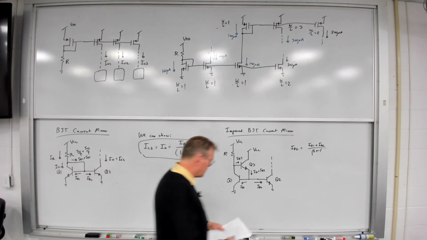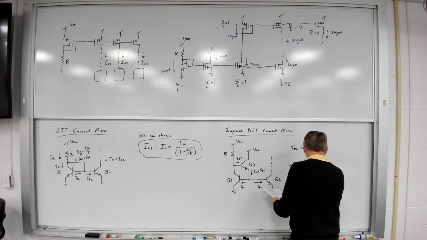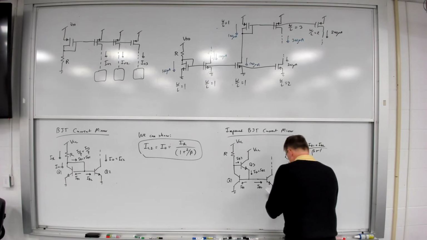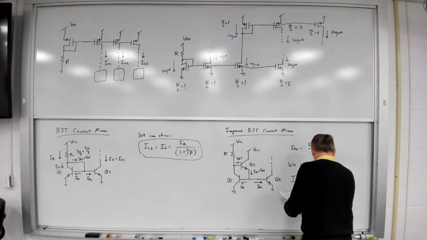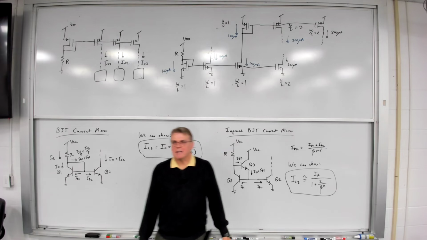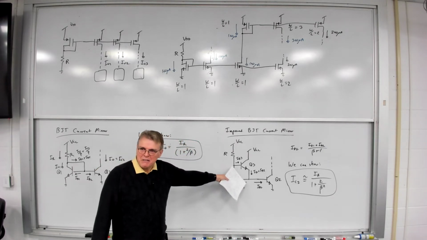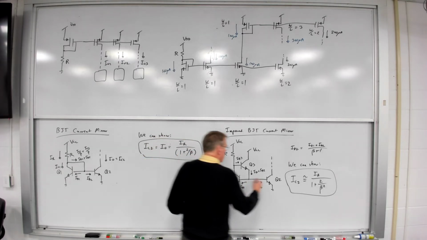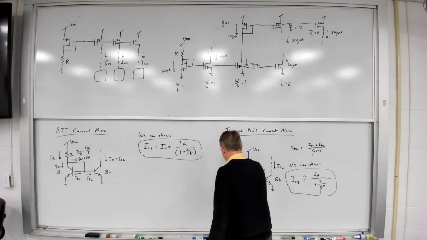And so in this case, we can show that IC2 will be approximately equal to IR over 1 plus 2 over beta squared. So a dramatic improvement. So I can tolerate much lower betas in this circuit and still get a good match between IC2 versus IC1.